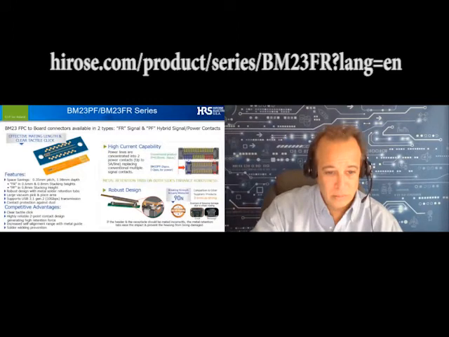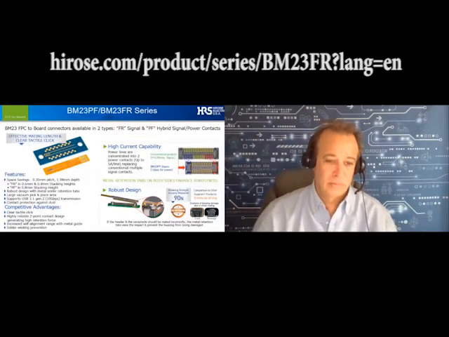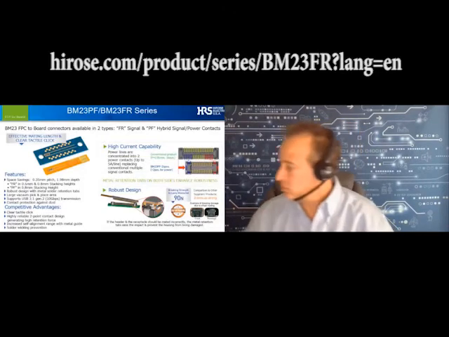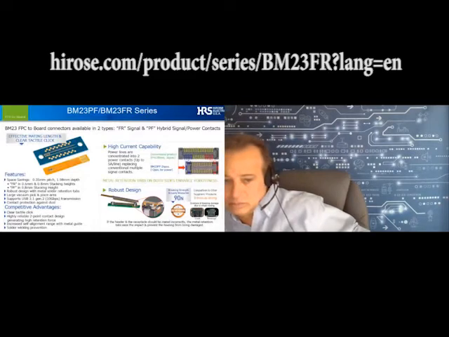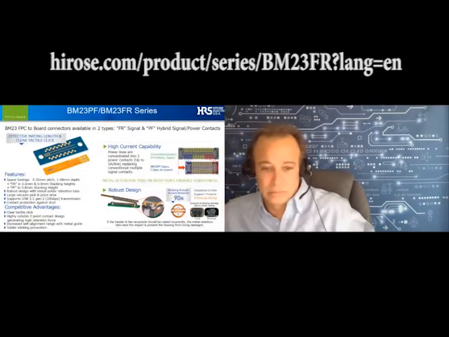But the key thing here is taking all of those pins that you normally devote just to power and moving that over to dedicated power contacts out on the outer edge of the connector, away from your data contacts, and you can run high-speed data up through the center of this thing. We're talking USB 3.1 Gen 2 10 gigabit speeds through the center line of this connector, and yet we're still delivering up to 3 amps of power per pin on the outside. This is a really cool option.